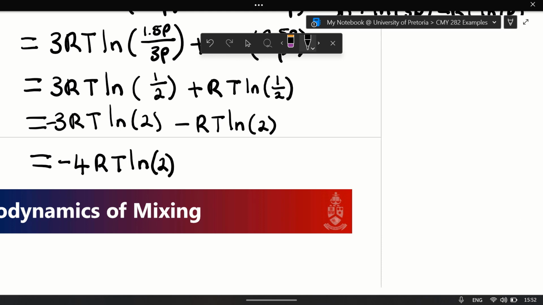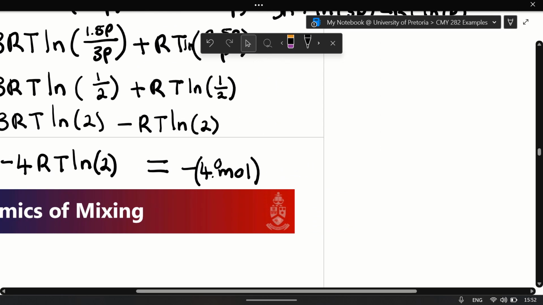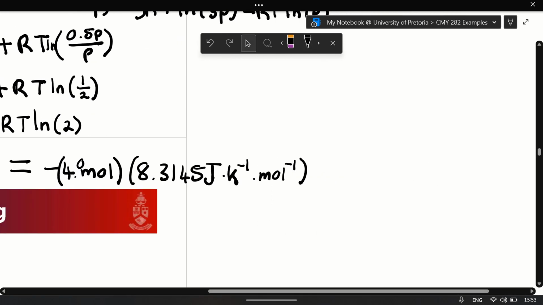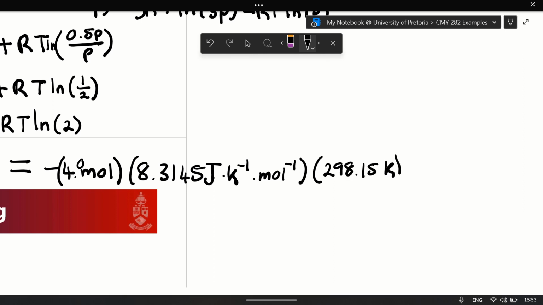Yeah, and remember this is 4 moles, so let me just write that out again. So that's minus 4.0 mole, because I dropped the 0. Then R is 8.3145 joule per Kelvin per mole. T was 25 degrees Celsius, so it's 298.15 Kelvin.